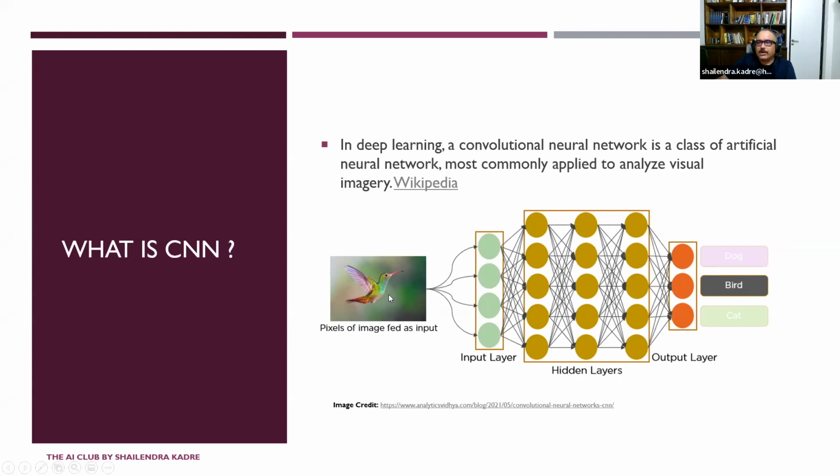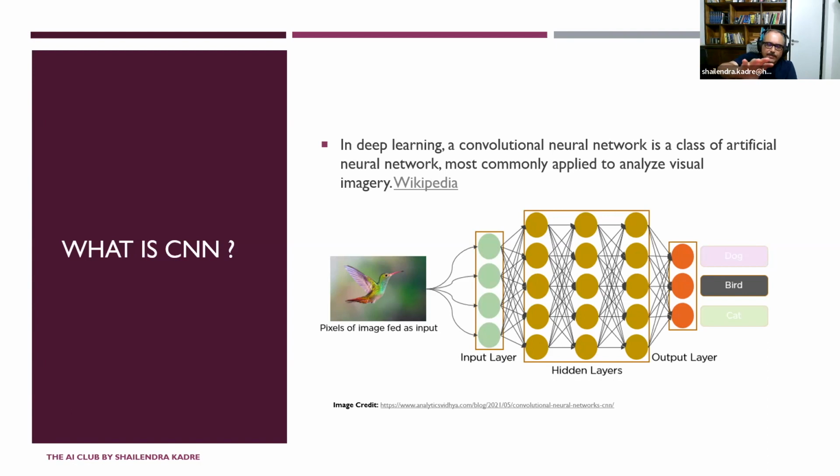When it comes to classifying images, ANNs are not that useful because the number of features we have to deal with is very high. So we somehow reduce the number of features first, and then apply a neural network on top of that. That's where the specialty of convolutional neural networks comes in.